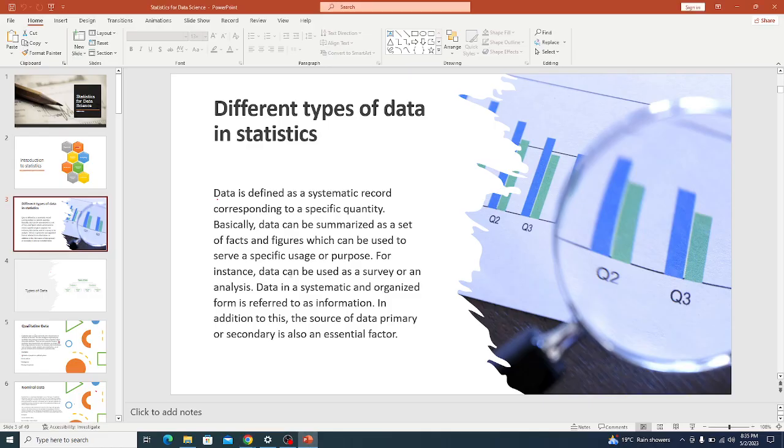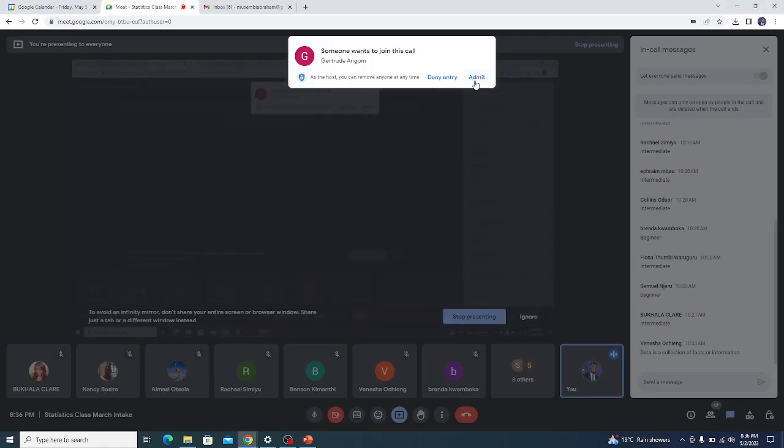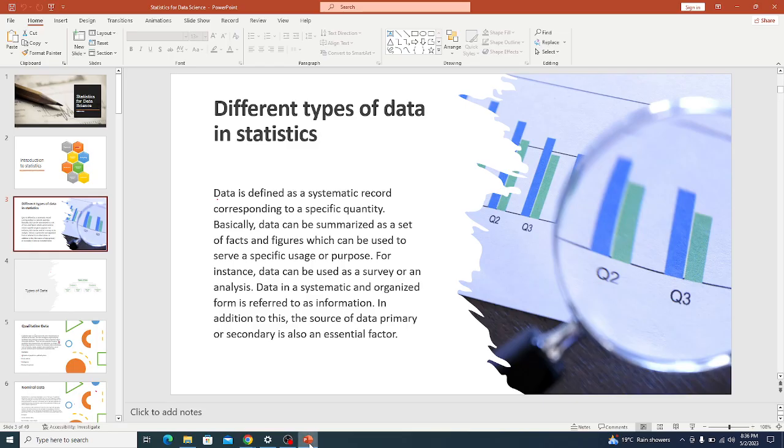So let me help you understand what data is. We can say data is a set of facts or figures that can be used to get information.